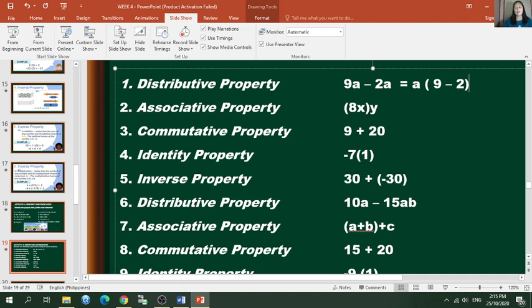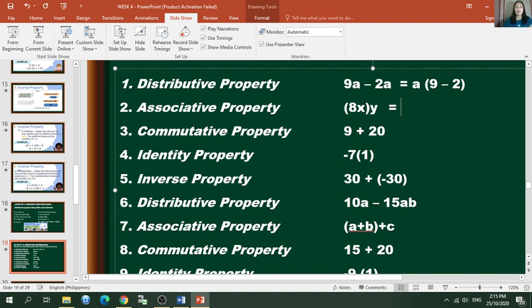So ganun lang siya. In distributive property, you find out the common factor between the two quantities, and then you write the remaining ones inside the parentheses.